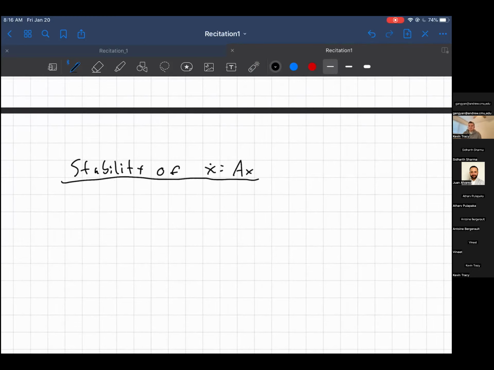So this is something that Zach talked about in class. This is super simple. x dot equals ax is stable if the real parts of all the eigenvalues of A are negative, if that makes sense.